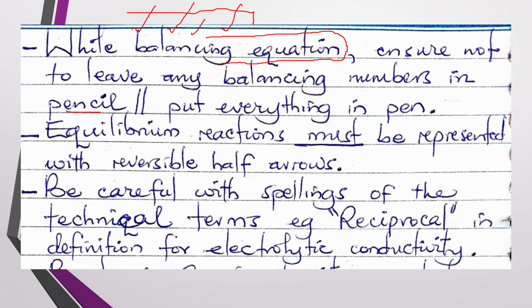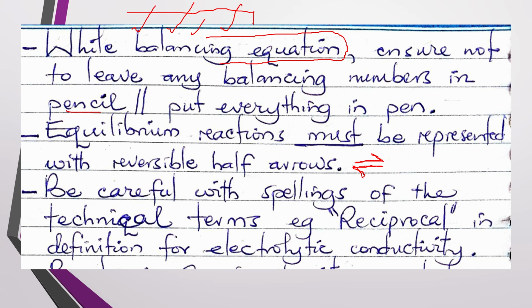So the next point is going to be equilibrium reactions must be represented with reversible half arrows. Now, all chemical equilibrium reactions, remember that when you're starting that topic, we told you the characteristics of chemical equilibria, that reactions are reversible. Another characteristic was all the experiments are carried out in a closed vessel.